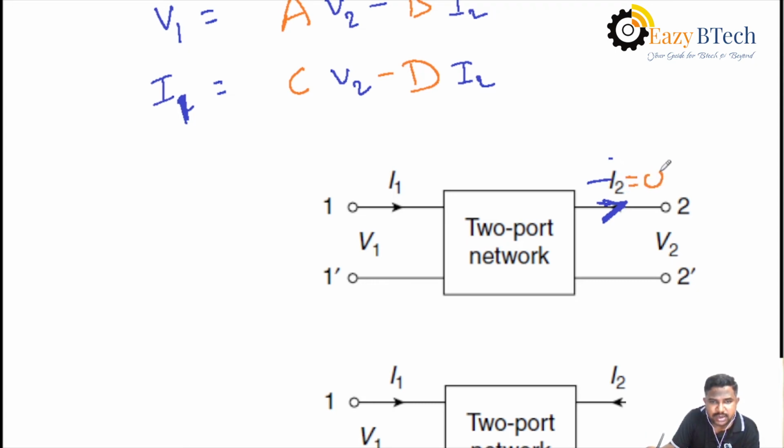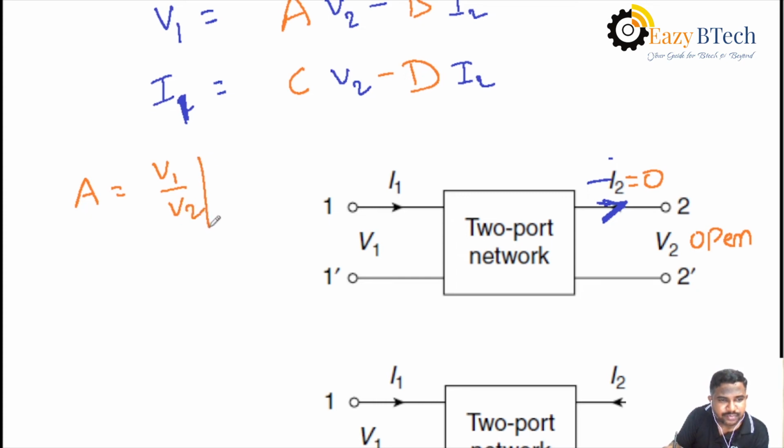Then A equal to V1 by V2 at I2 equal to 0. Here the ratio is voltage to voltage. That's why there are no units for the A parameter.